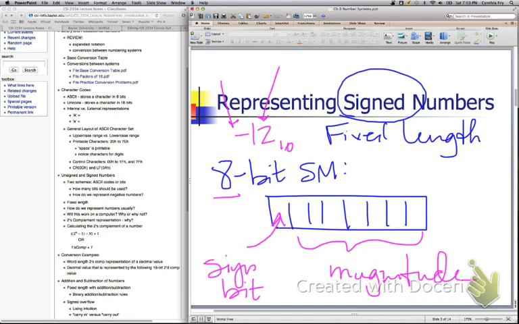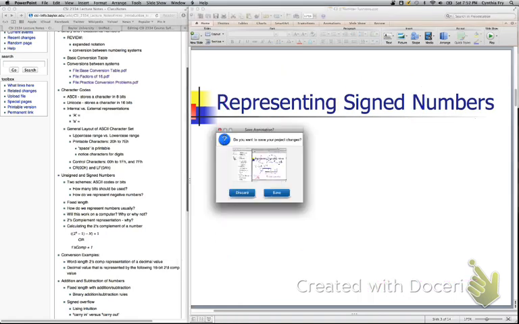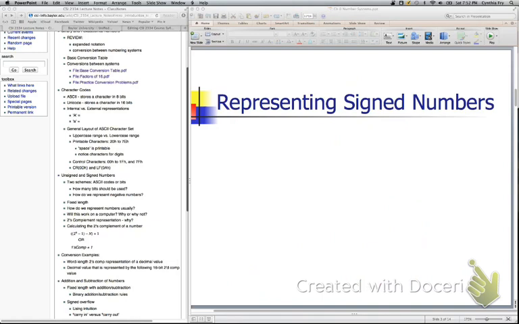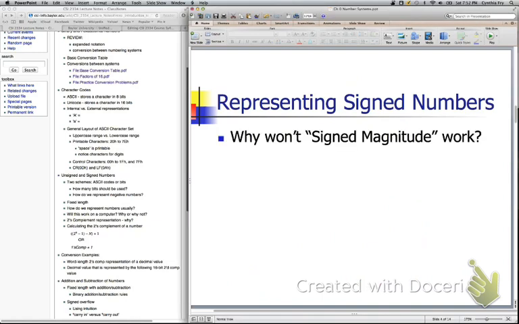So now let's move on, because if I say I really want to use signed magnitude because it's what I'm used to, I can go back and ask, why can't I? This is really a bad question.